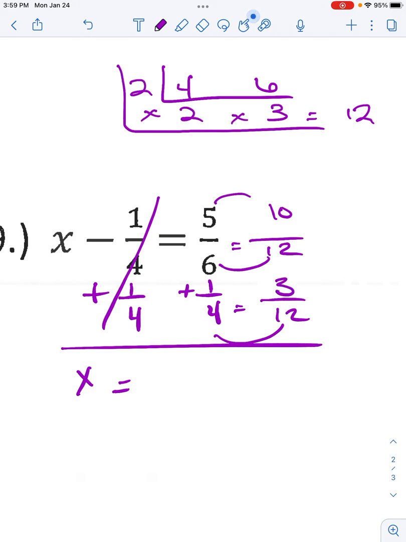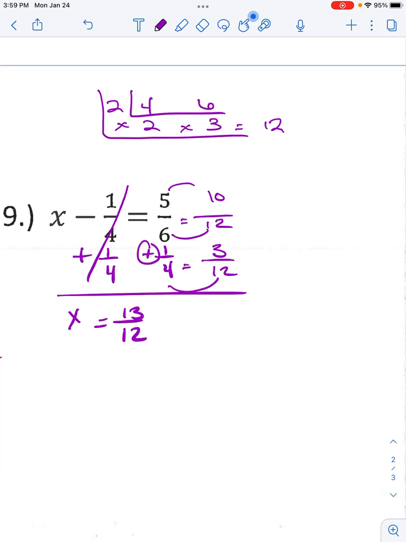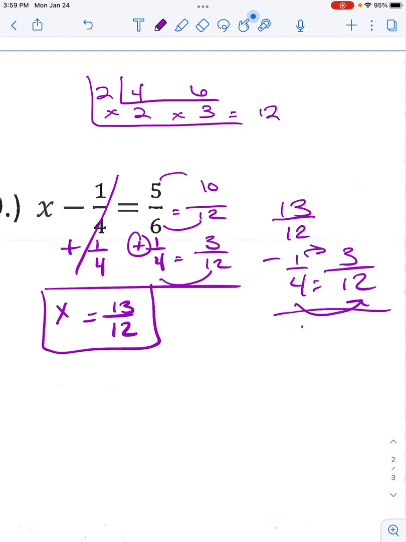Times 3 would be 3. We're adding 10/12 plus 3/12 is 13/12. For now, I am going to let you leave that like that, even though it's improper. Go ahead and substitute it back in. 13/12 minus 1/4. Again, common denominator would be 12 times 3. 13/12 minus 3/12 would be 10/12. Which if you simplify, we will get 5/6.